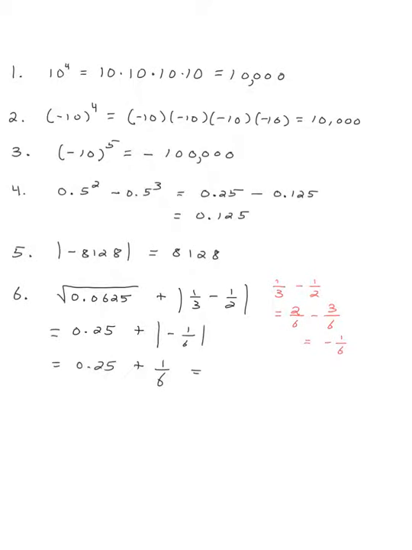Now, our goal is to write this as just one number, and if you try using a decimal for 1/6, this decimal goes on forever. I see that in my calculator. So to actually combine these two together, I'm going to convert 0.25 into a fraction. So 0.25, by definition, is 25 over 100, right? This is the hundredths place, so that really means 25 over 100 plus 1 over 6.